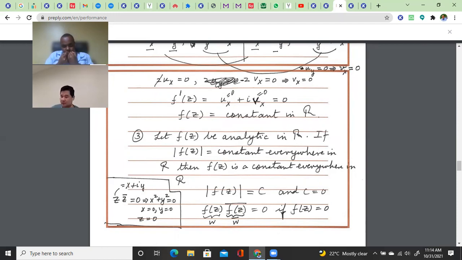Give me a second. Then f of z is a constant everywhere.